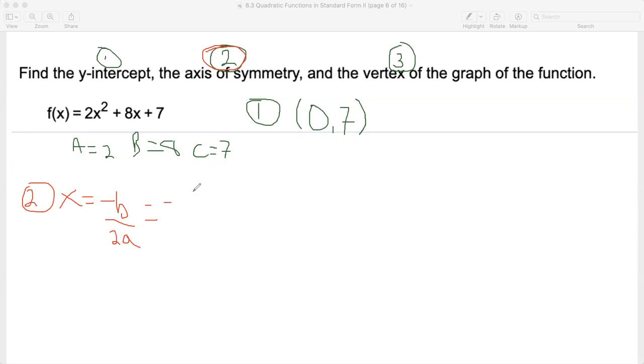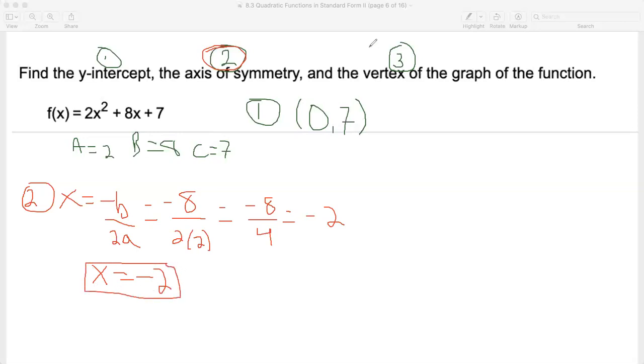So that would be -8 over 2 times a, which is also 2. So that would be -8 over 4, which is -2. So your axis of symmetry is at x equals -2. Okay, yes, we do always put the x equals.